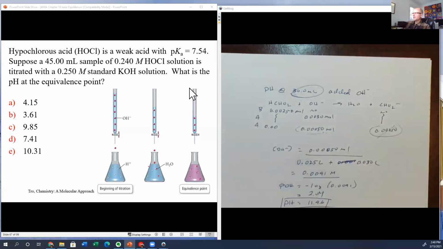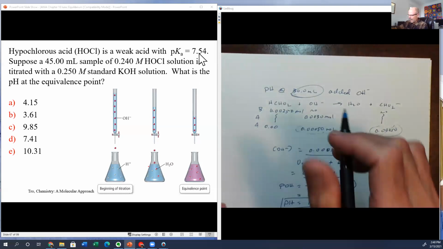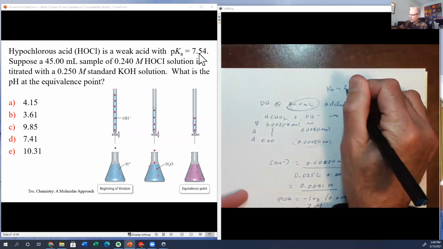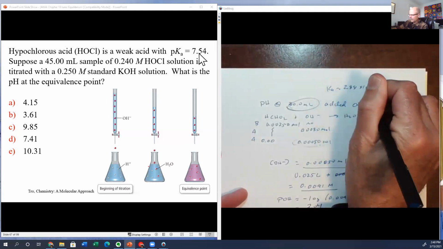Just to save you a step, I've given you pKa here, but Ka is equal to 2.88 times 10 to the minus 8.